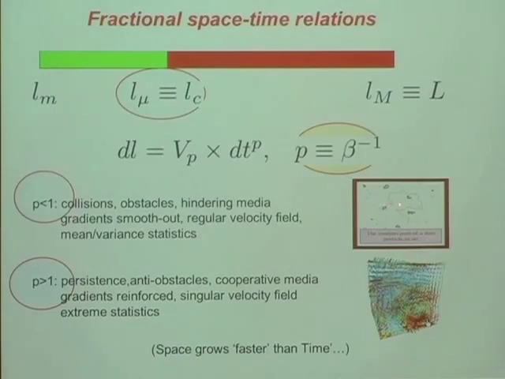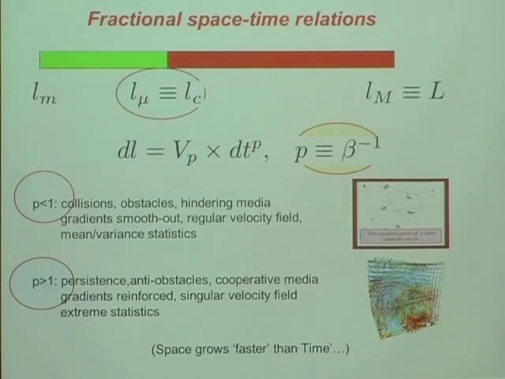In both cases, velocity is not well defined, because take the case of diffusion, if p is 1.5, clearly the ratio dl/dt when you send dt to 0 is infinity, which means that this path is not differentiable. Okay? Whereas in super advection, the path is over smooth, because dl goes with a power larger than 1, so that means that the first derivative in principle is 0.